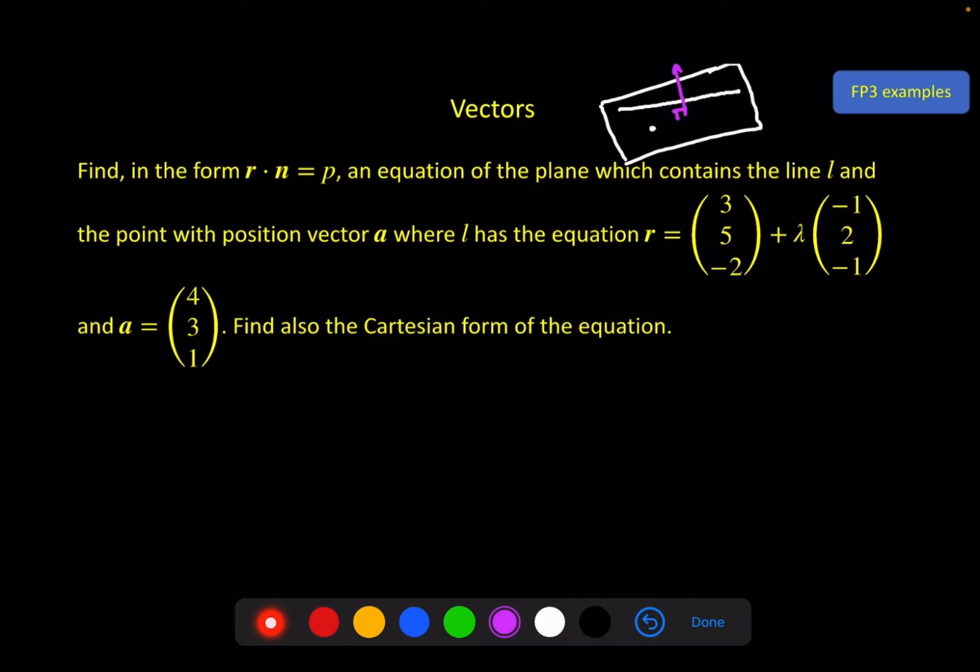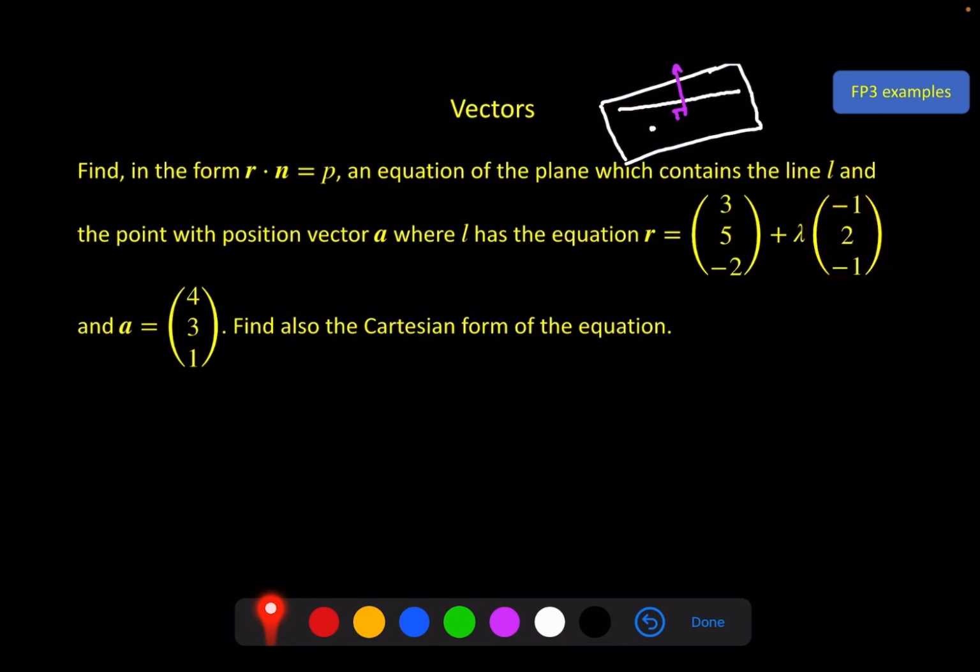We use the cross product that we've talked about previously, because the cross product gives us the perpendicular vector to two non-parallel vectors. And in the plane we have one vector here, the direction vector, (-1, 2, -1).